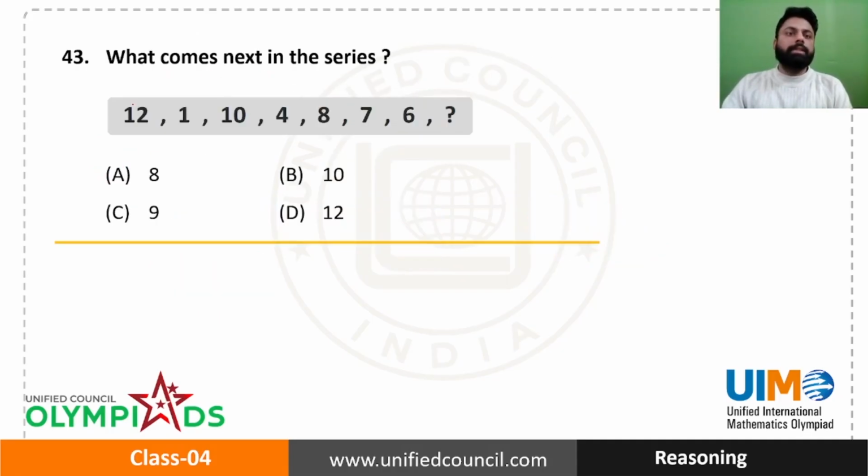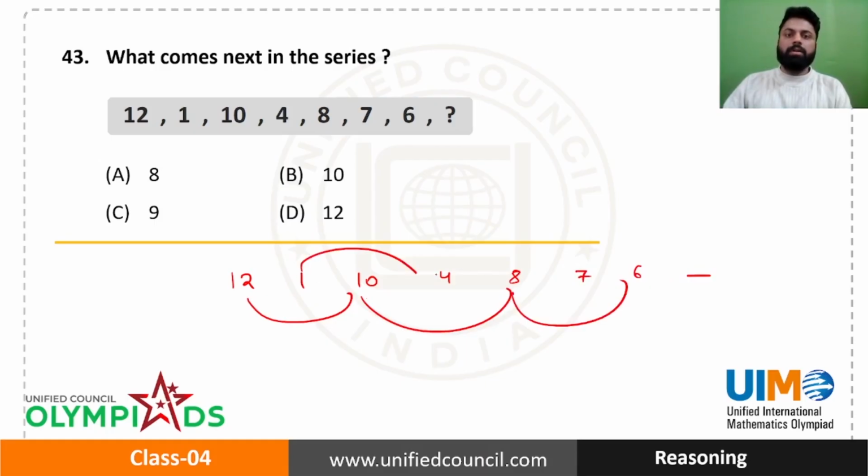What comes next in the series? 12, then 1, 10, 4. So see, 12, 1, 10, 4, 7, 6, dash. 12, 8, this, 1 to 4, then 7, then this number. 12 minus 2, 10 minus 2, 8 minus 2, 6, and then minus 2.